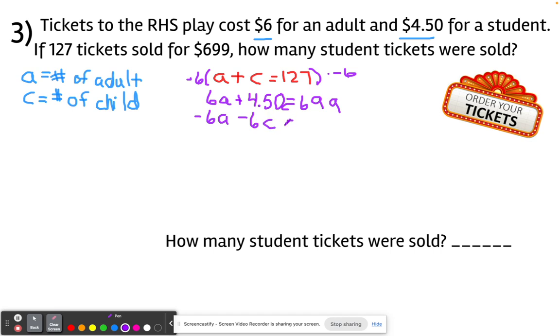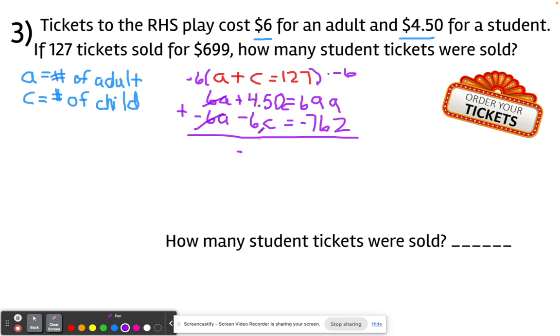And -6 times 127 is some number that I don't know off the top of my head. So I'm going to do my math pretty quick. 127 times 6 will give me 762. So -762. Let me add these two together. And my A's cancel out, leaving me with a single variable equation.